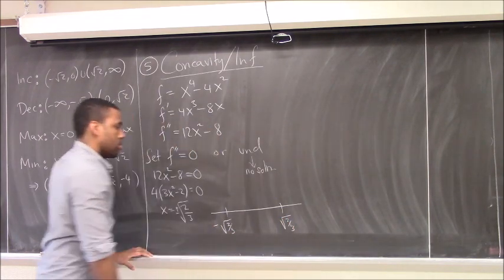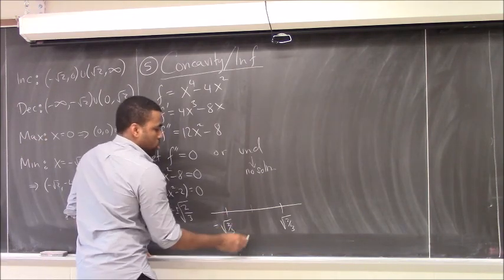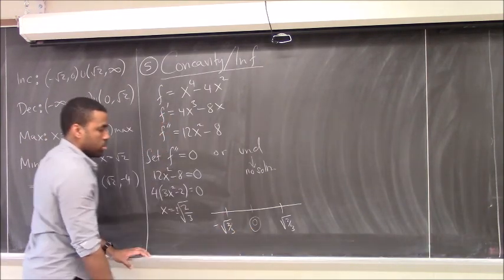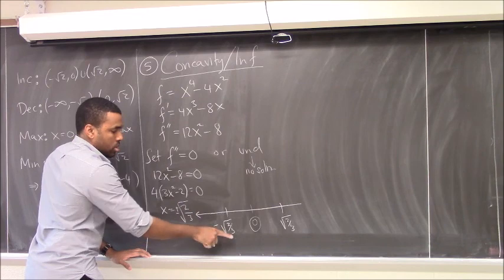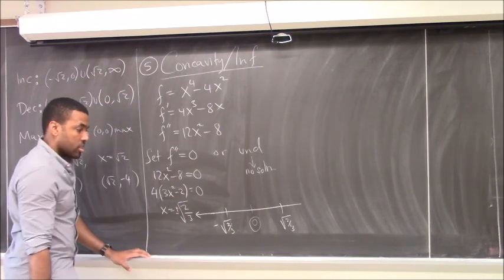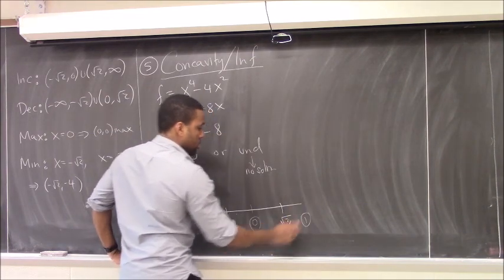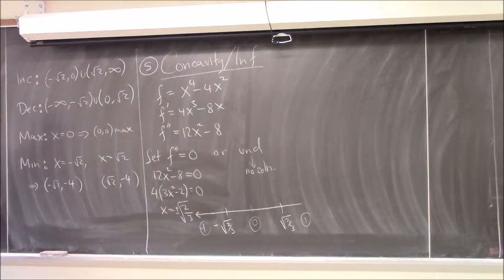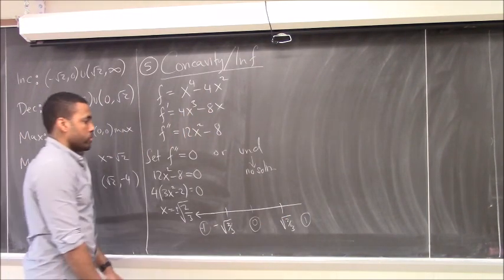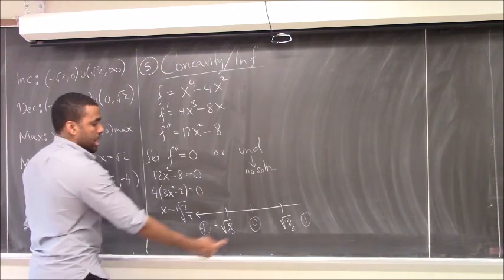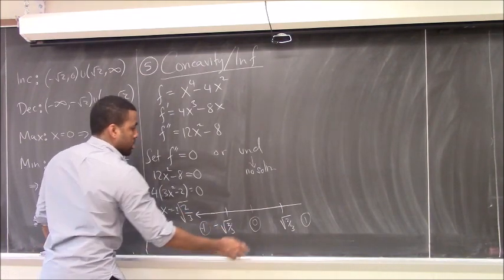Plugging in a point in between here, 0 is clearly in between there. 2/3 is less than 1. If I take a radical, it's still less than 1, so 1 is definitely over here, and negative 1 is definitely over there. And now I'm going to plug each of these points into the second derivative.